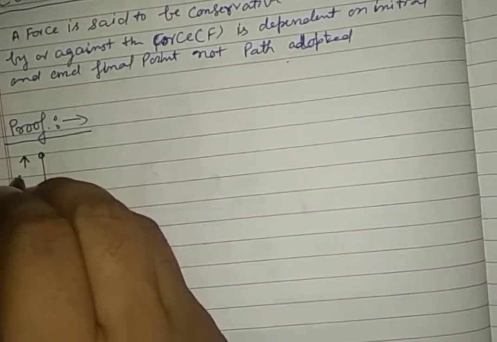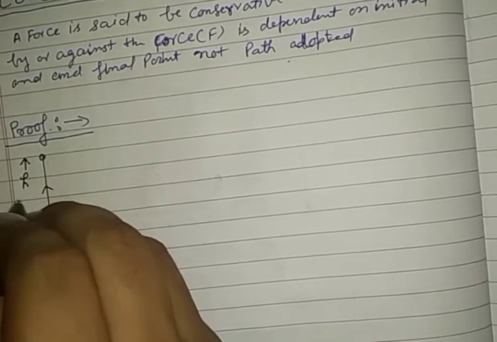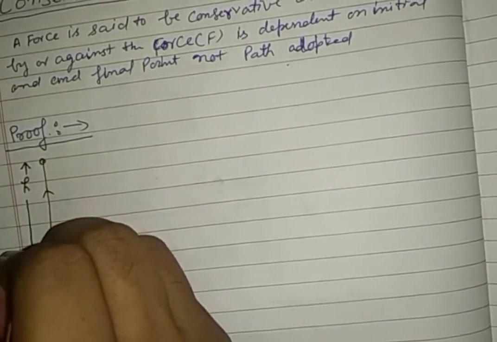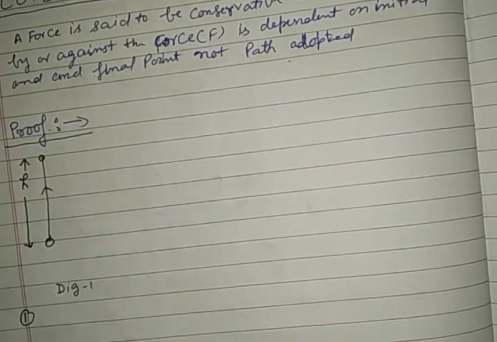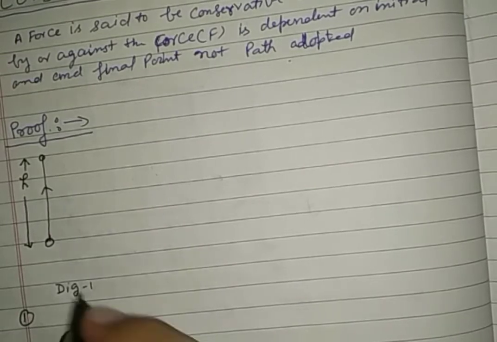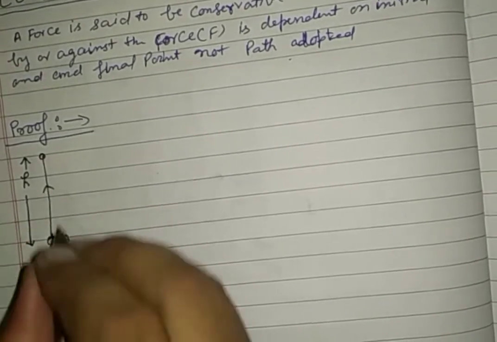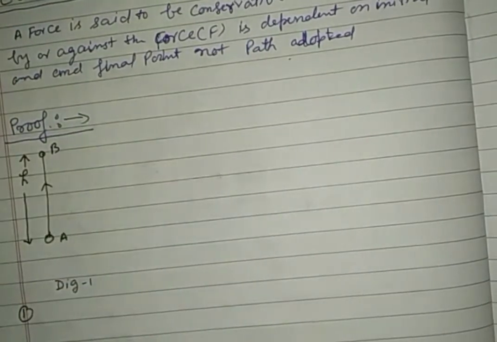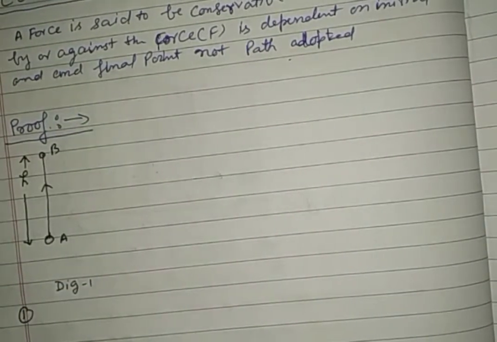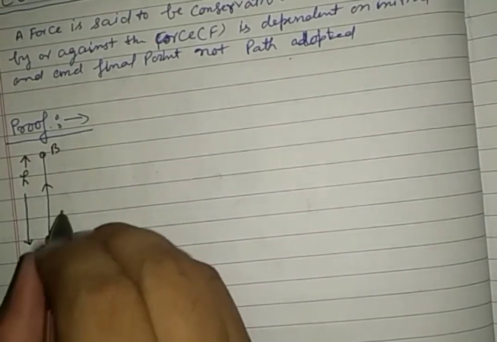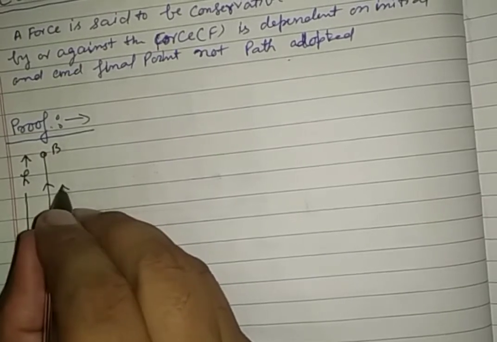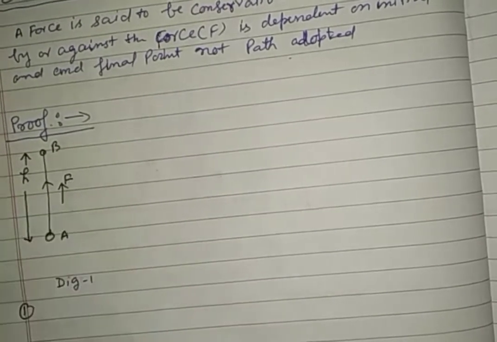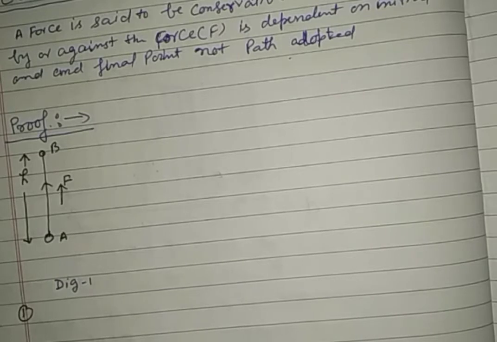It travels height h, moves from A to B and travels distance h vertically. The applied force to move in the upward direction is given in this diagram.